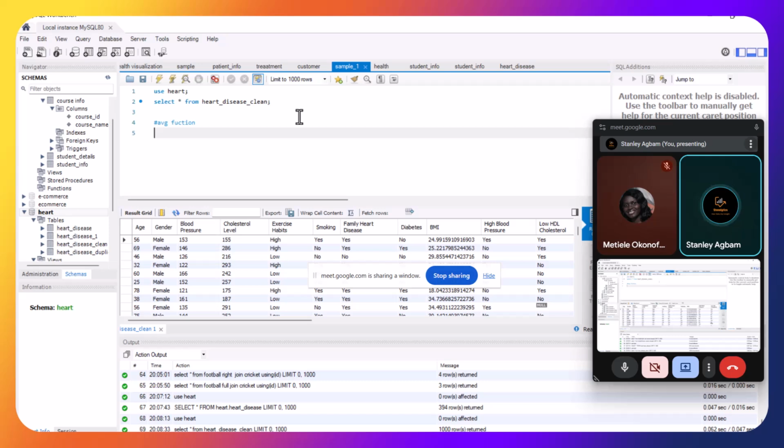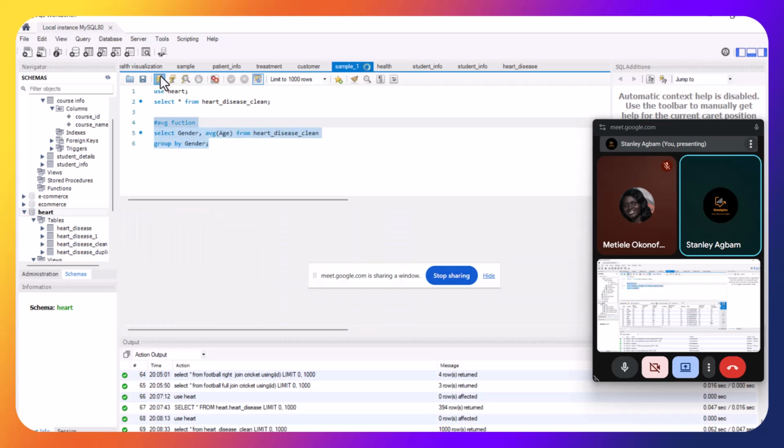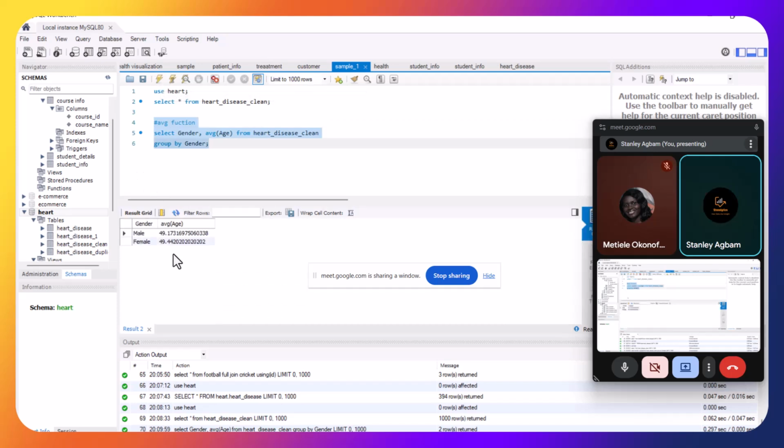So select gender, then average age from the table. So the average age for male is 49.17, and the average age for female is 49.44.